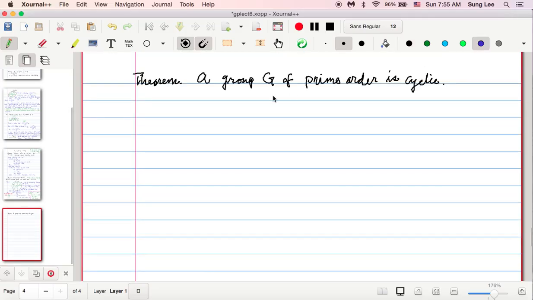So we prove this. Let the order of G be p, a prime number.